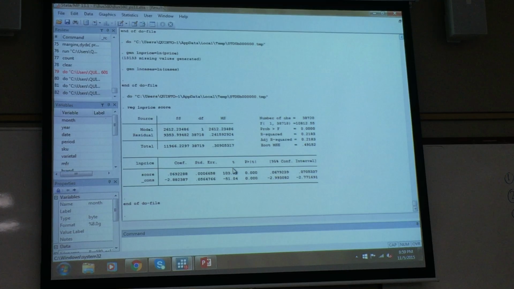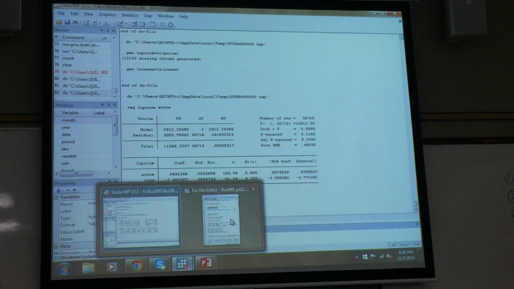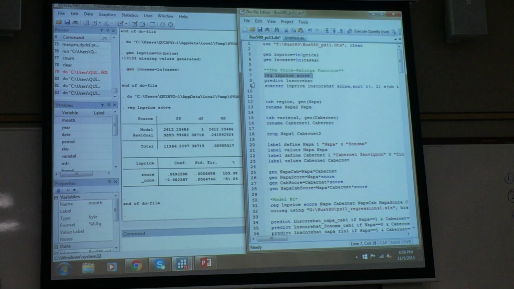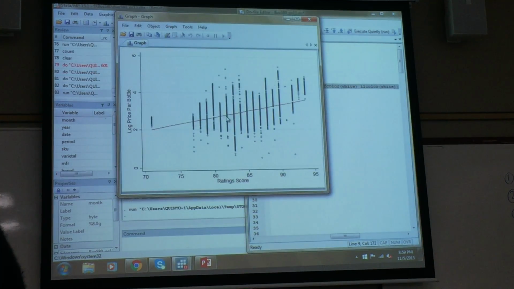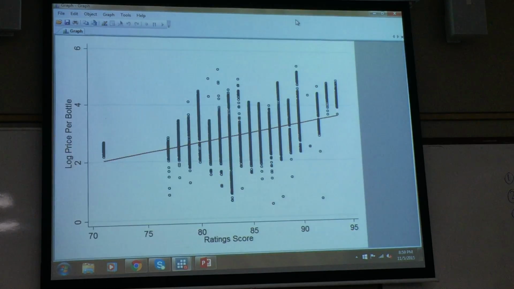Every 1 unit increase in score results in a 6.9% increase in price. Essentially what we're going to do is add to this model. There's the graph. We're going to add dummies for region, dummies for varietal, interact those things, and then eventually add score squared.